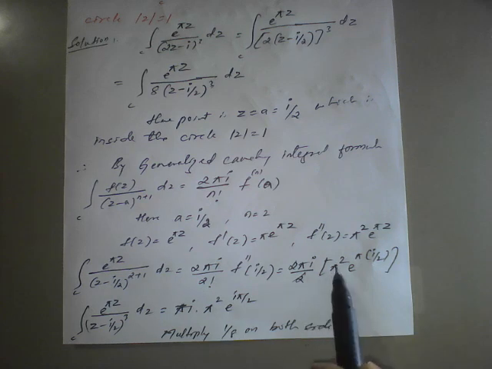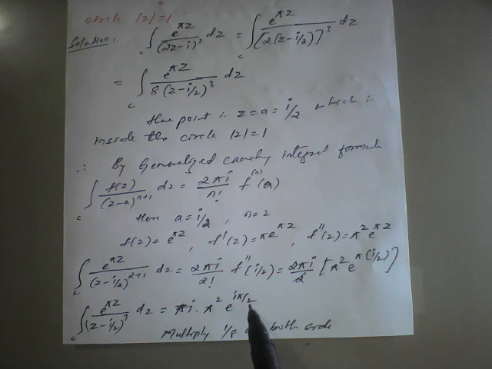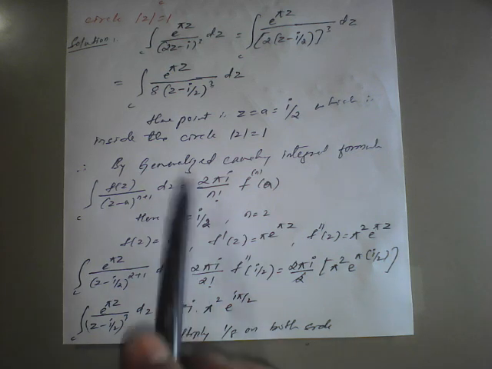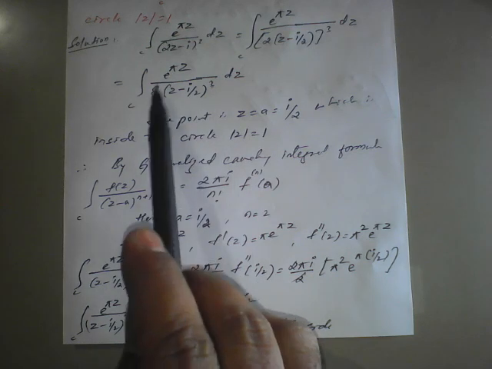On simplification, 2 and 2 get cancelled, and pi i is left: pi square into e raised to i pi upon 2. But this is the given required question.